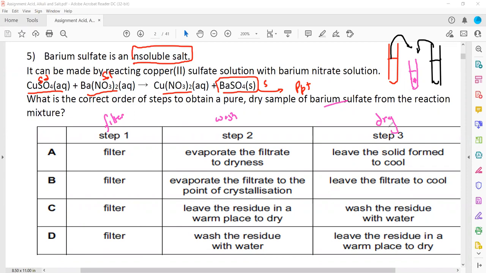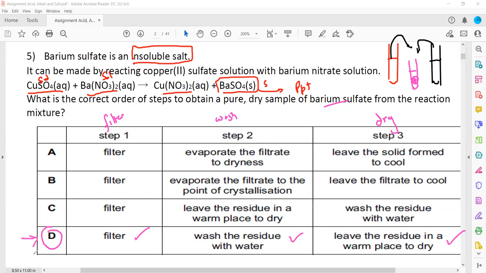First filter, then wash the substance left on the filter paper, that is the residue, and then dry the residue. So what is the correct order? Filtration, then wash, and then leave it to dry, or you can use filter paper or tissue paper, or a desiccator is also used to dry the substance.